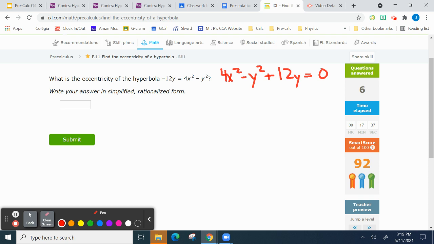First thing we want to do is, well, we don't have to worry about the 4x squared because we don't have to complete the square on that. We just need to complete the square on this little piece right there, right? And then we will be able to get it into the proper format, and then we'll be able to read it. So that's what we've got to do, and I've got to leave.